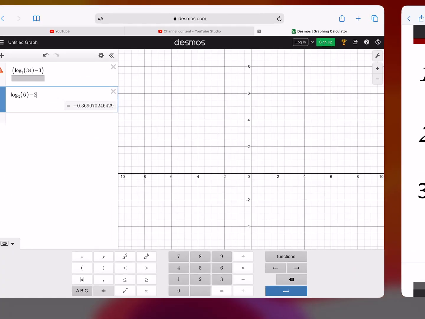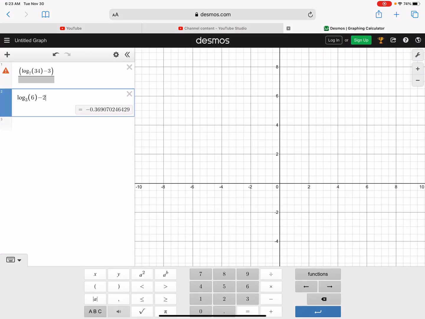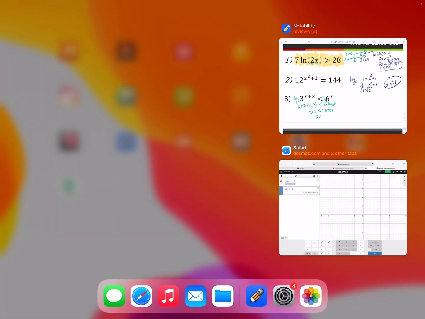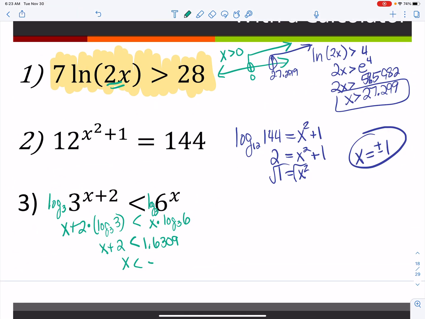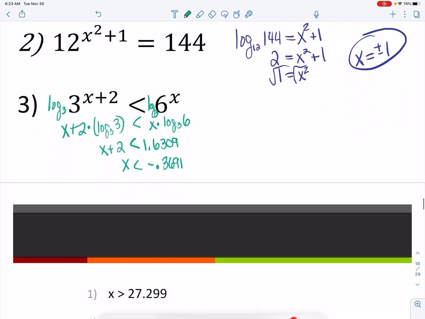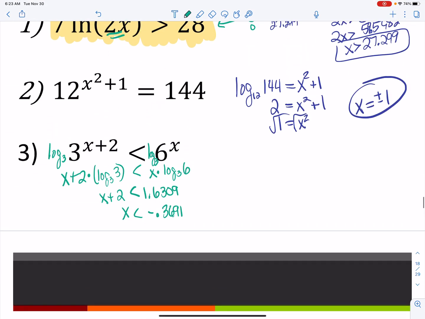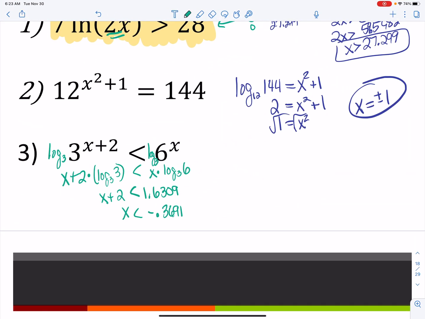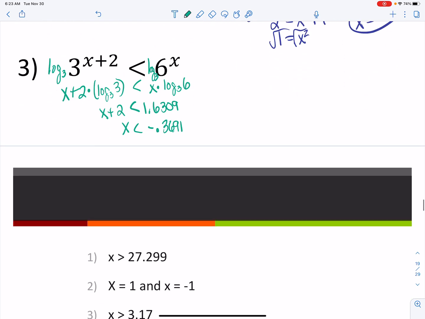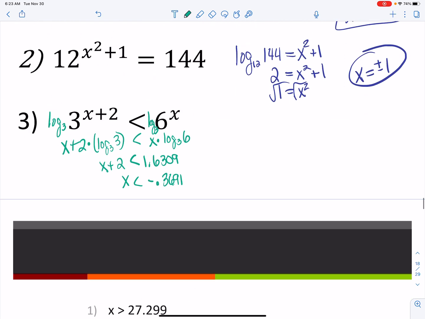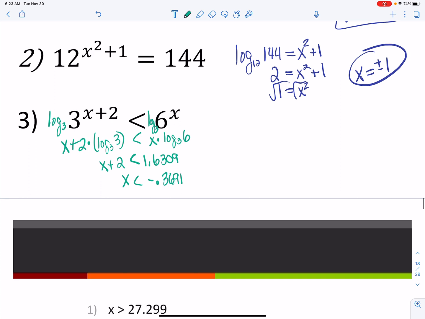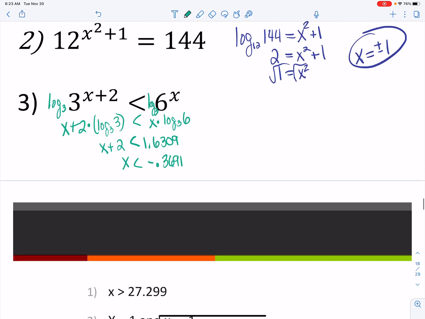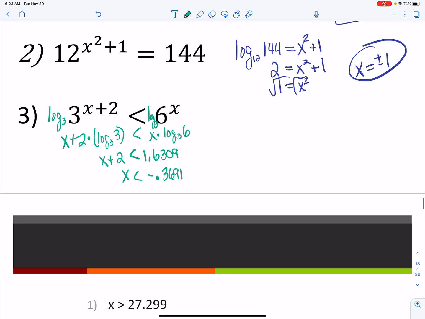What did I get? 0.3691. Okay, and if I look, that is not what I got for an answer. What did I do wrong? Log base 3 of 6. That's right. I don't agree with that answer.